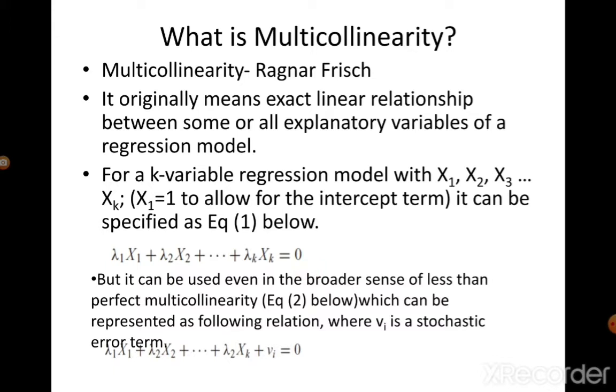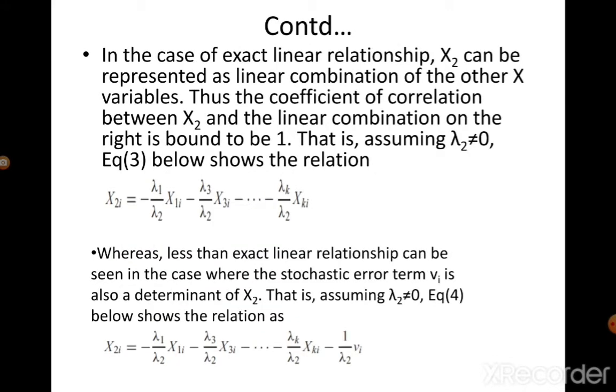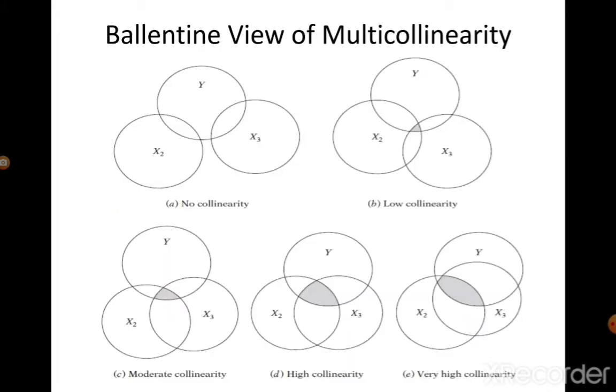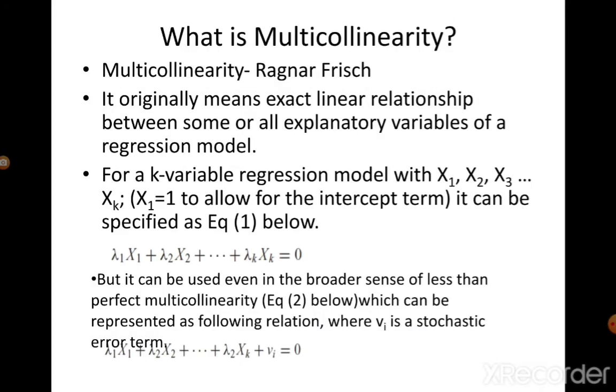Which means from this equation you can always show how the variable x2 is an exact function of the linear combination of variables on the right hand side, right? So this is the case of an exact linear relationship between variable x2 and the other x variables.